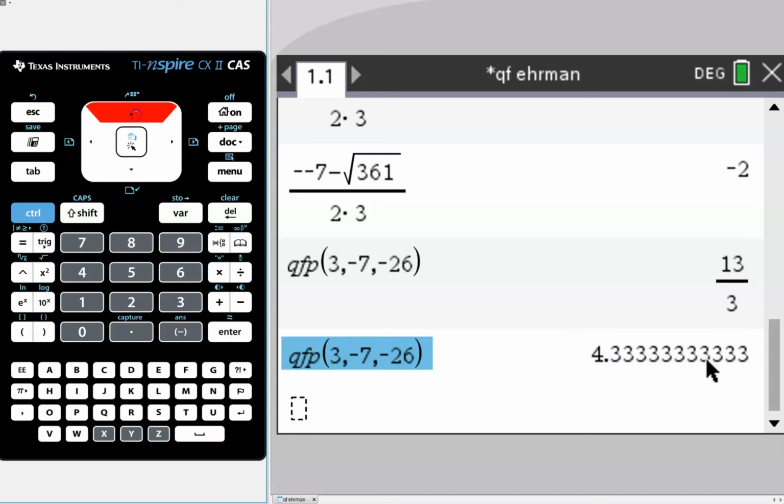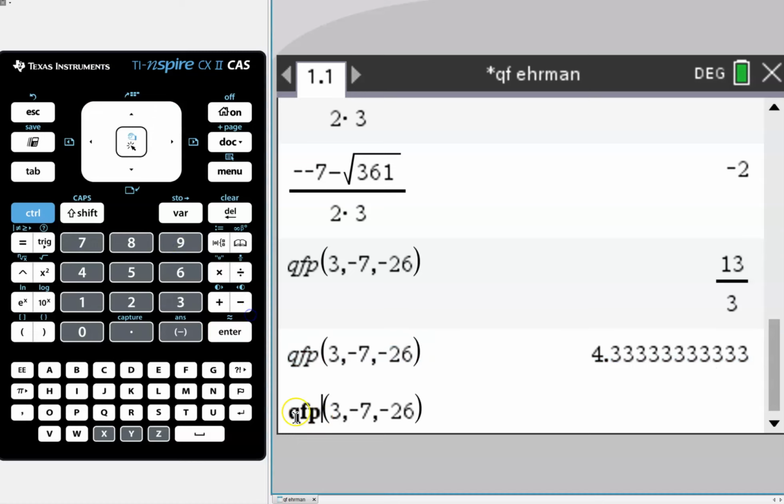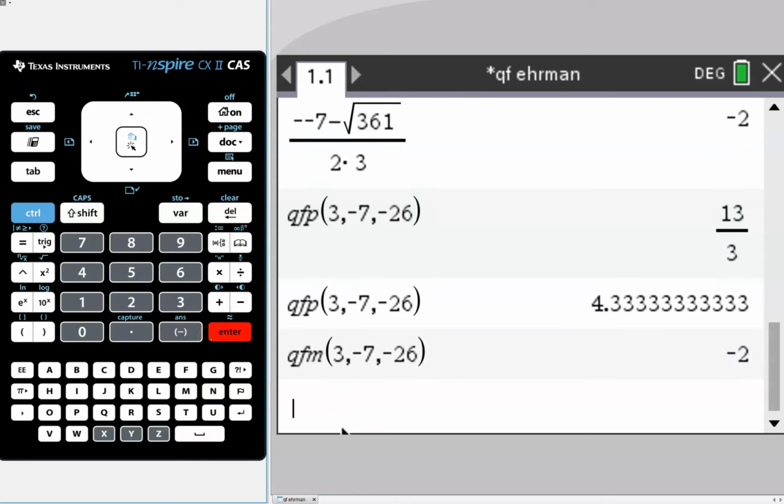If we run the QFM formula, quadratic formula with a minus sign, QFM, we end up getting the negative 2.